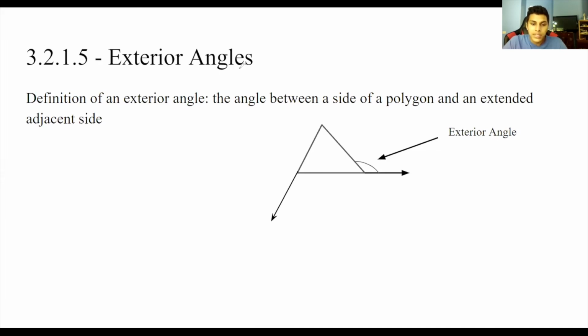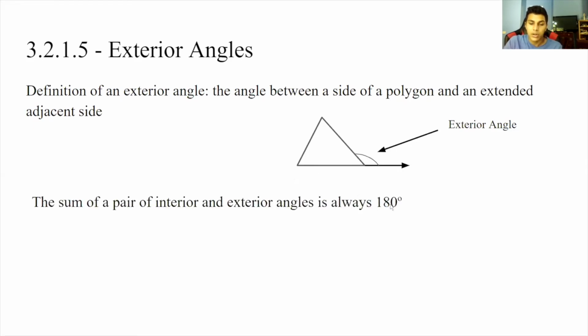And when you do this, you can actually create an angle, which is the exterior angle, the one that's in between this extended adjacent side and the actual side of the polygon. Now, a rule about exterior angles is that the pair of an interior and exterior angle always add up to 180 degrees.